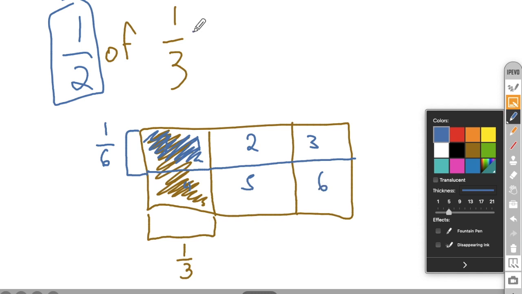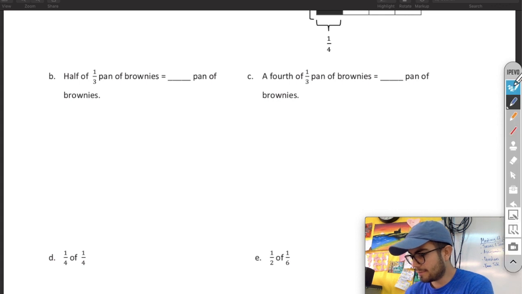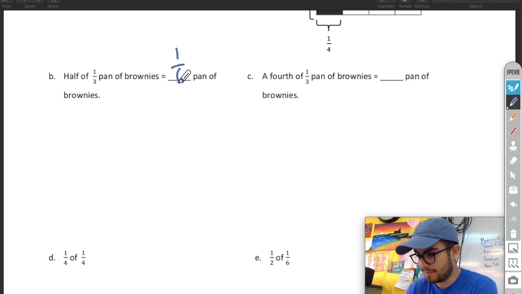So 1/2 of 1/3 is the same as 1/6, okay? So your answer for this one would be 1/6 pan of brownies. Not many brownies there.